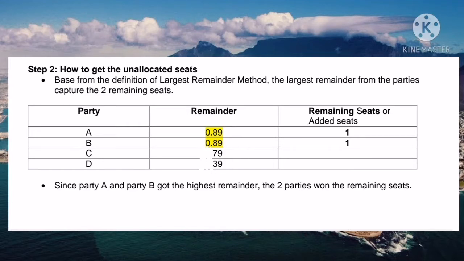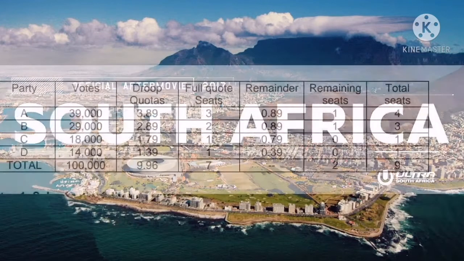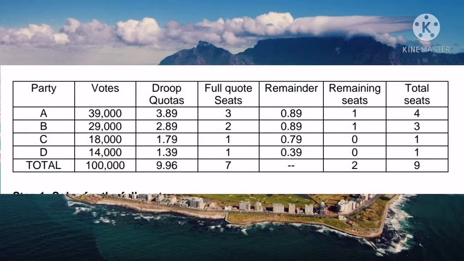Since Party A and Party B got the highest remainders, the 2 parties won the remaining seats. For a total of 4 seats gained by Party A, Party B got 3 seats, Party C got 1 seat, and Party D got 1 seat, for a total of 9 seats competed by 4 parties.